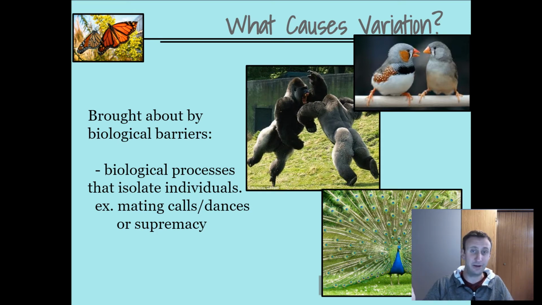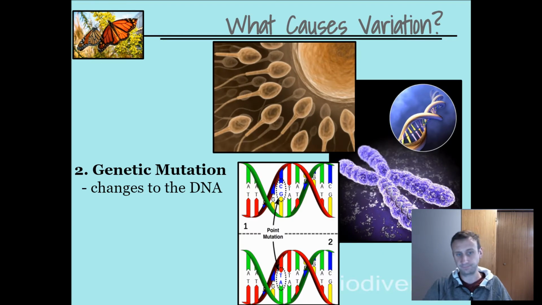I mean, they're in the same area, there's no geographical barrier keeping the top and the bottom of the tree separate, but because of their behavior of where they naturally go and their niche, as a result we don't actually have them mating. So that's a biological barrier. They're not separated by space, but they're separated based on their behaviors and what they do that keeps them from mating and basically combining genetic information.